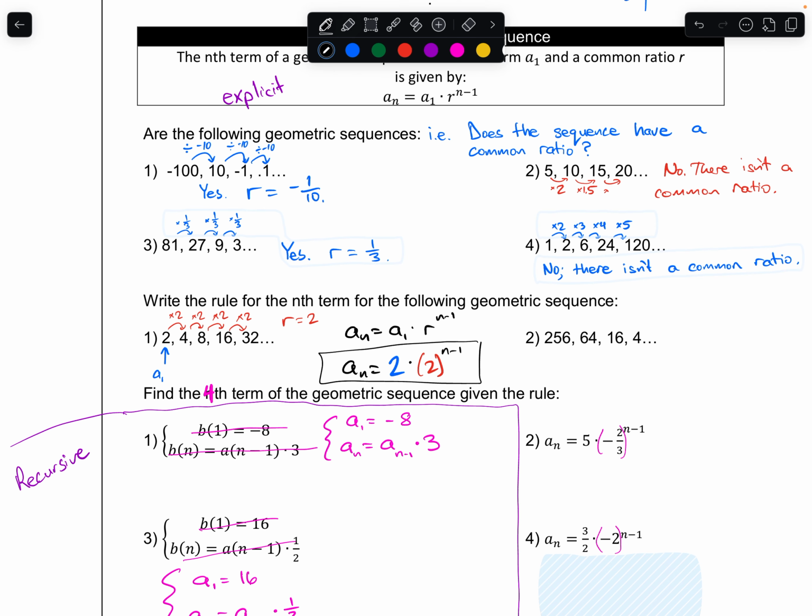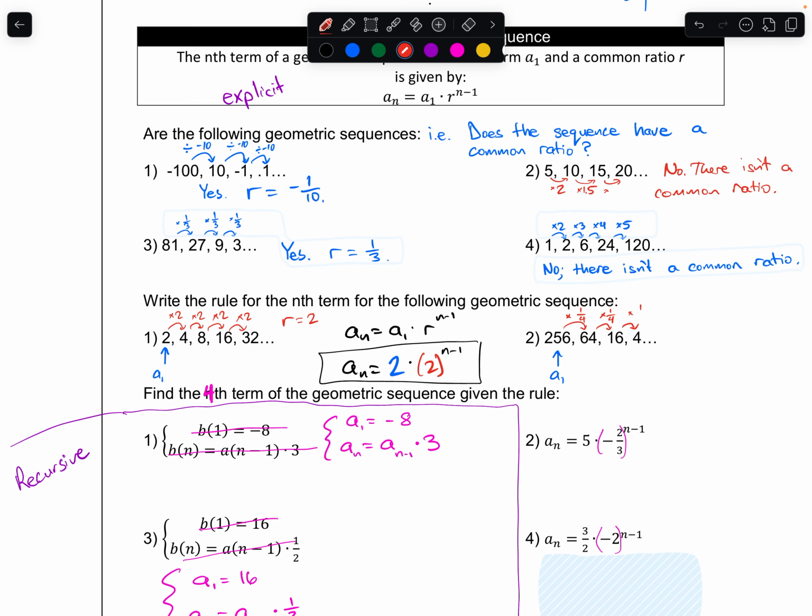All right, let's try another one. In number 2, our first term is 256. And to get from 256 to 64, you could think of it as dividing, but I told you let's think of it as multiplying instead. We are multiplying by 1/4. Check my math if you don't believe me. You might have thought we're dividing by 4, which is still true, but multiplying by 1/4 is going to save us some time later.